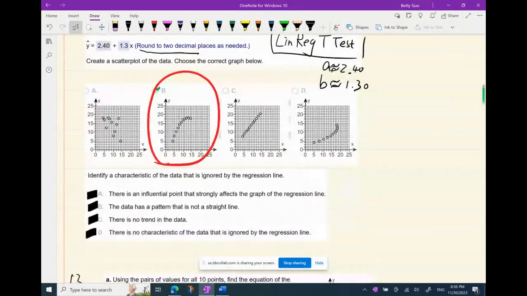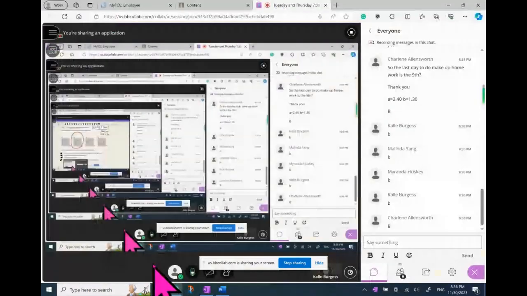Identify a characteristic of the data that is ignored by the regression line. Yeah, the wording is kind of interesting, right? Ignored by the regression line. Which one do you choose? Is it also B?